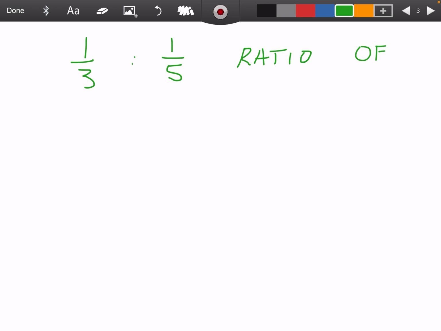And all we've got to do, nice and simple, is find our common denominator, multiply each fraction by the common denominator, and we'll end up with whole numbers, and then we put it in its lowest terms as best we can.